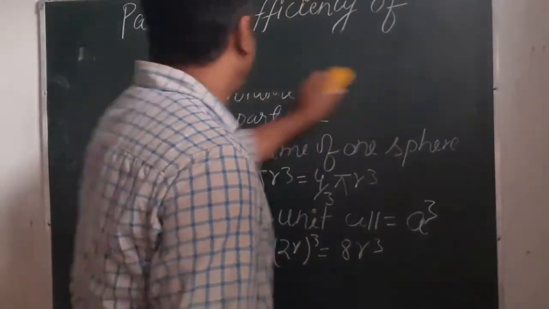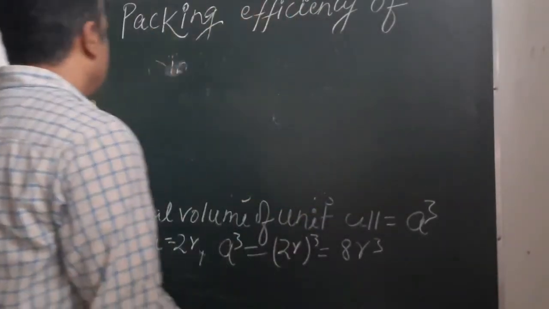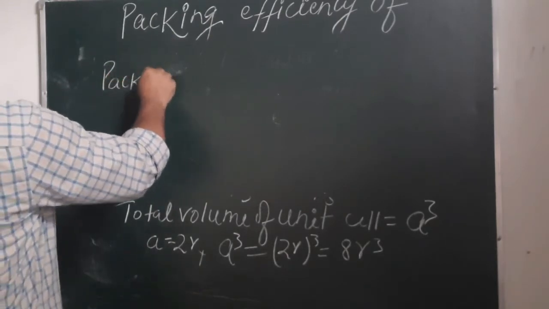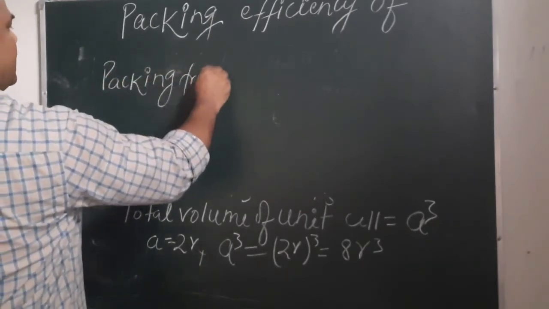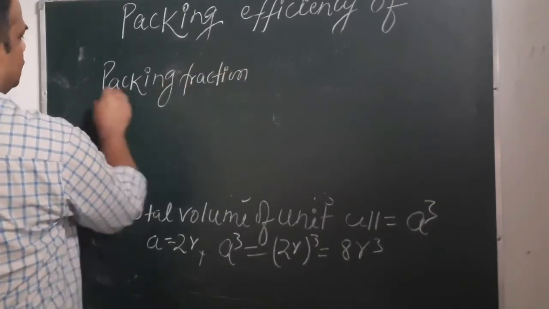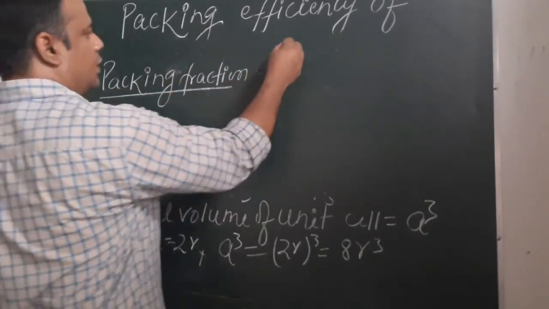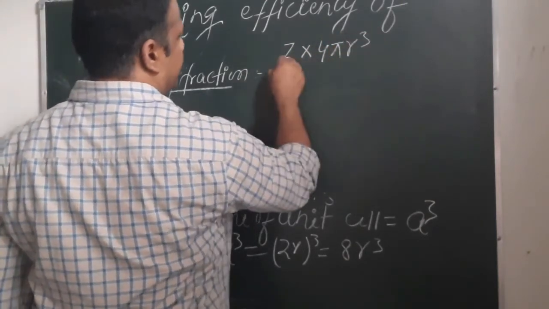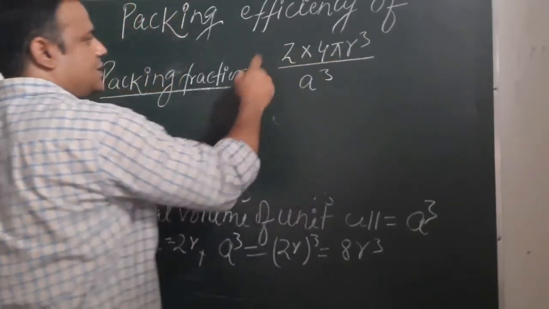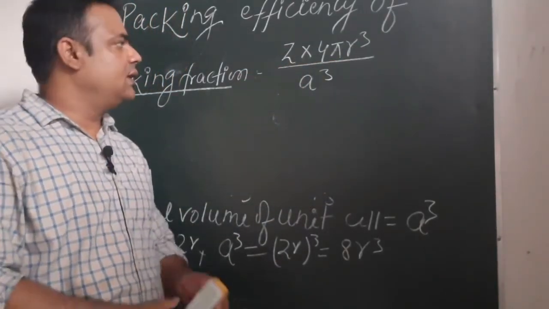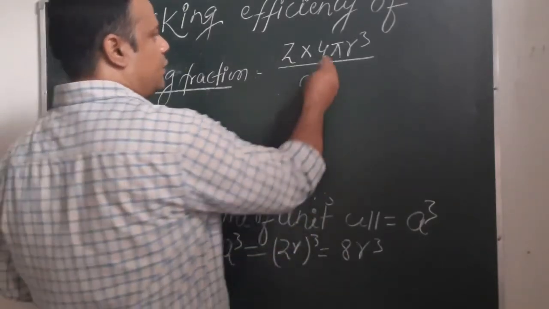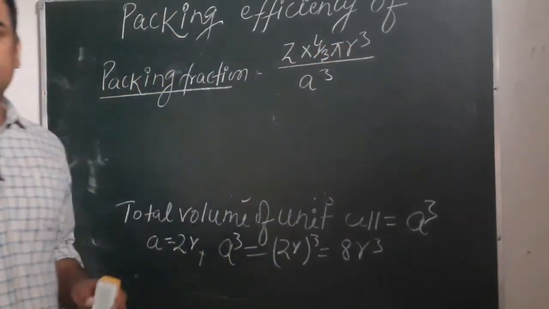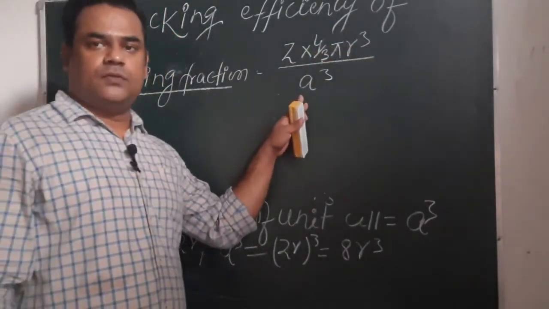Now we have to find the packing fraction and packing efficiency. In the formula, we know that packing fraction is equal to Z into 4 by 3 pi r cube divided by a cube, where Z is the number of constituent particles per unit cell. 4 by 3 pi r cube is the volume of one constituent particle, and a cube is the volume of the unit cell.